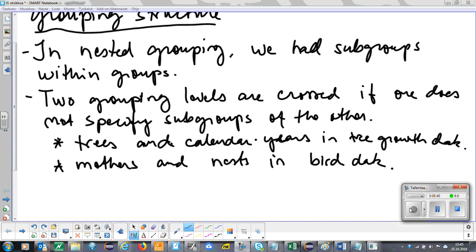The genetical mothers have one effect, and then the nests or the raising mother has another effect, and they both can have an effect on the behavior or whatever things we are analyzing for the birds.